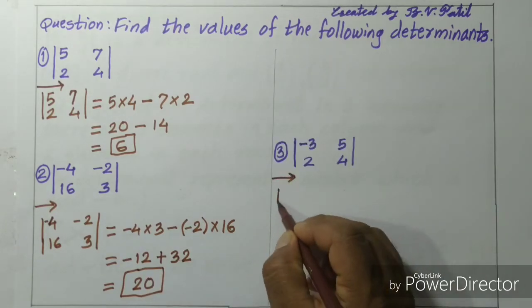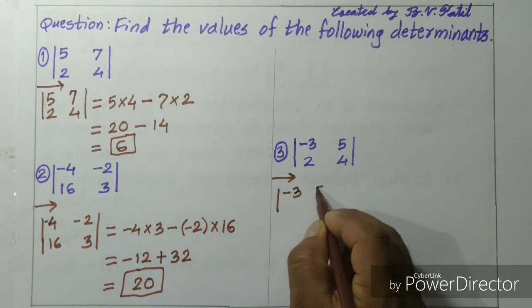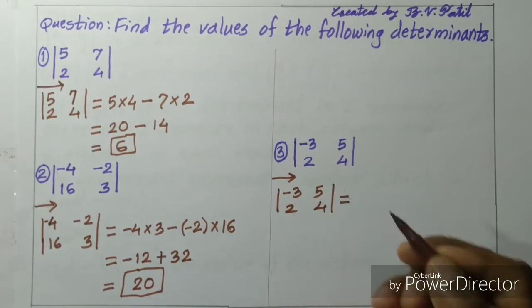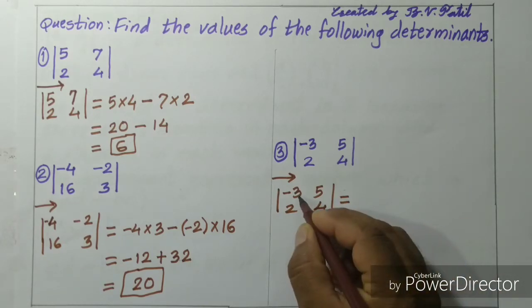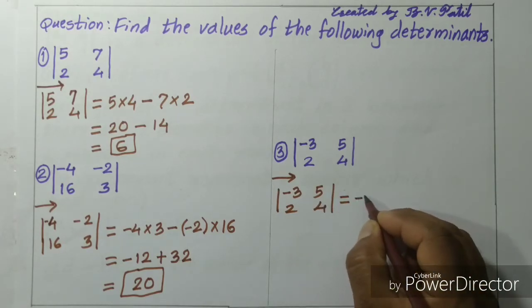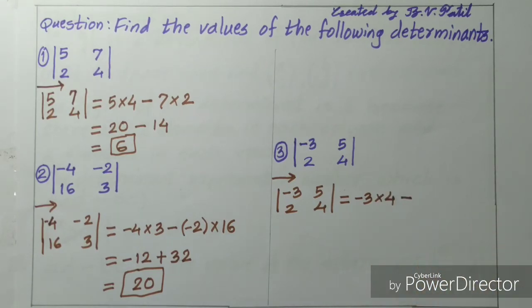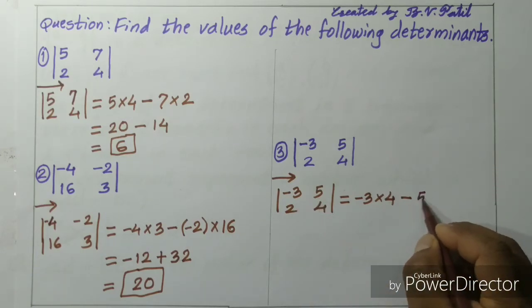Next question. Which multiplication do we write here? -3 into 4, minus 5 into 2.